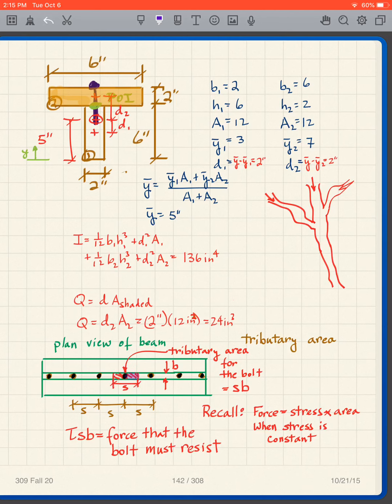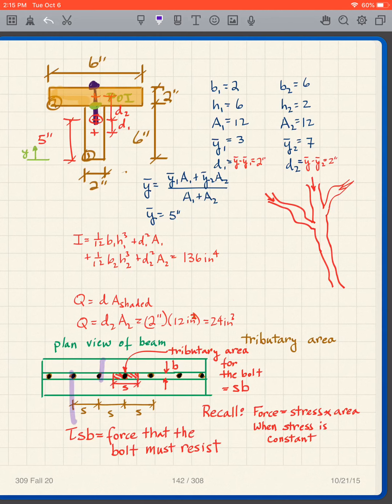So what I'm interested in is this tributary area here, and that stress that has got to be picked up by that bolt. So I call that distance S. Why?